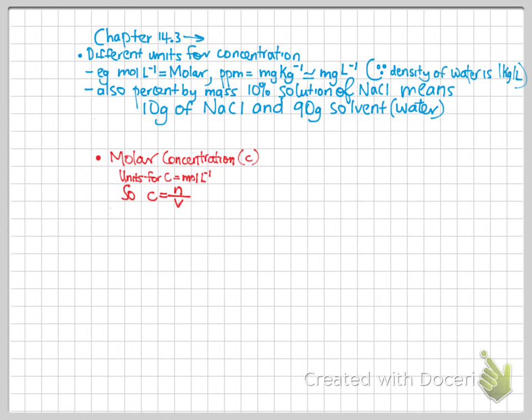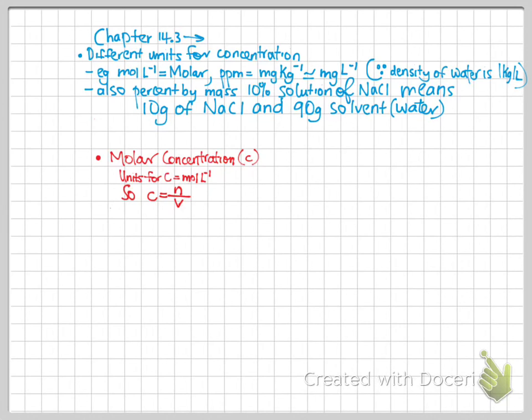Both are related and approximately equal, because the density of water is 1 kg per liter. So whether you measure the solvent in kgs or in liters, it ends up being the same thing because the density is 1. This only applies if water is used as the solvent and it's a fairly dilute solution.